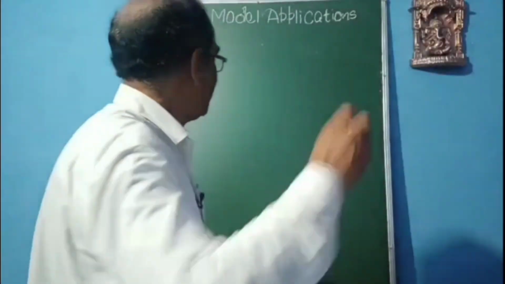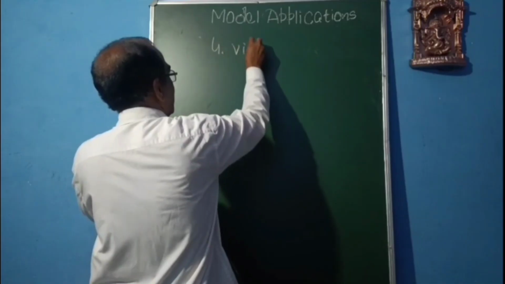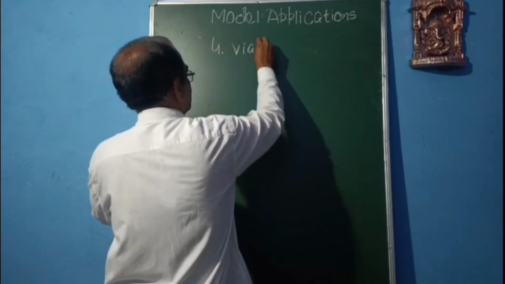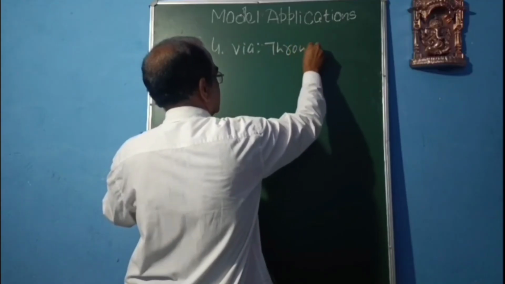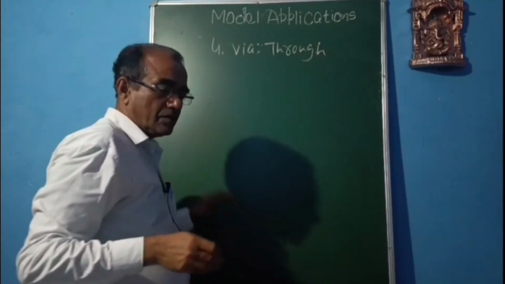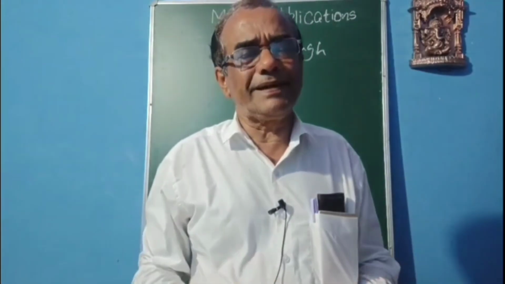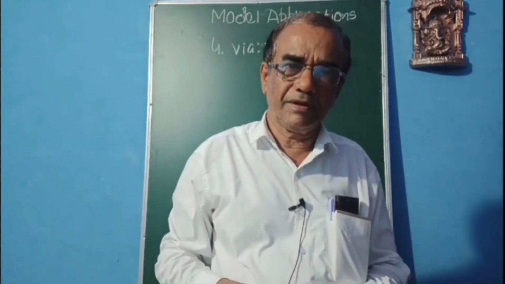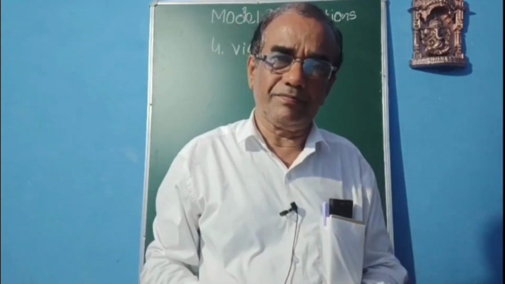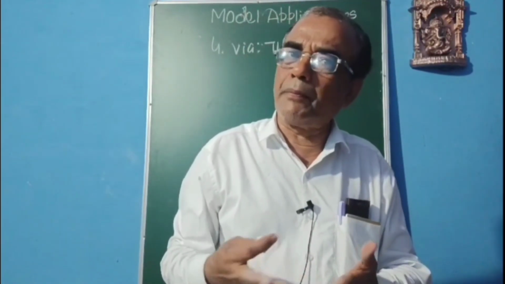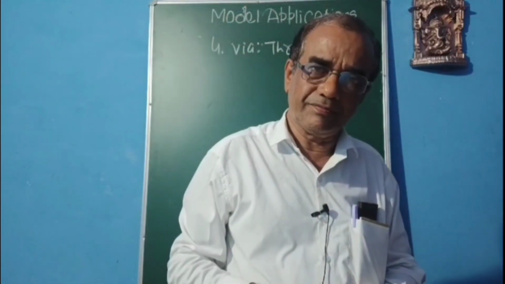Fourth one is the Via. Via means through. Through the designated person, you are writing the application to the authority concerned. Via is the person who recommends your application. Via is the medium of communication between the sender and the receiver of the application.